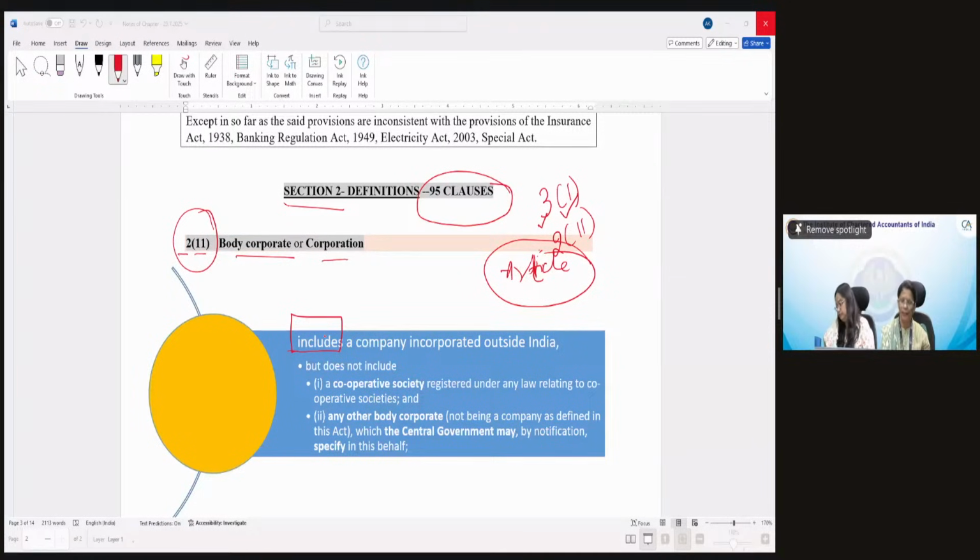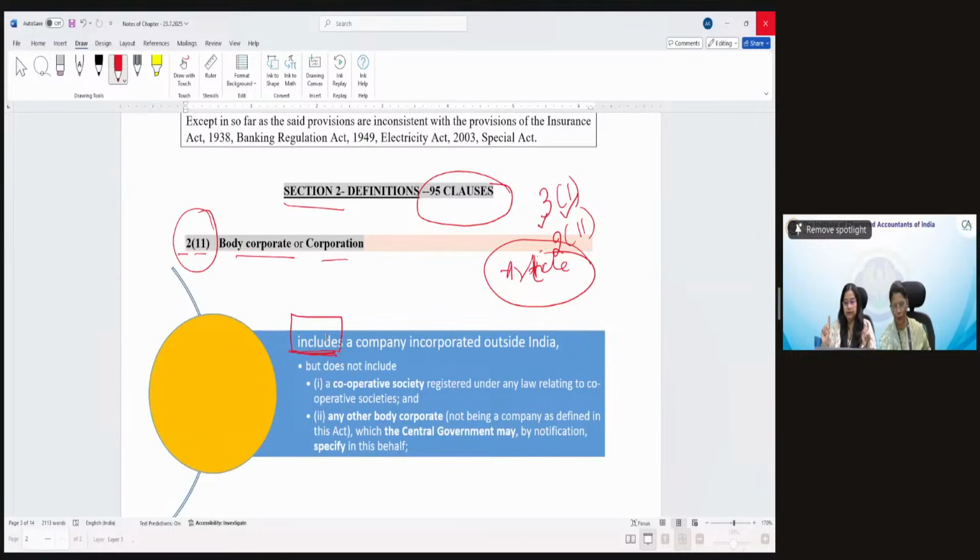Includes means the meaning is not limited. That means whatever is given over here, plus something other than this. What you mean in general terms as a body corporate or corporation is definitely there. Then the act is specifically telling you to include this also in the definition of body corporate or corporation.